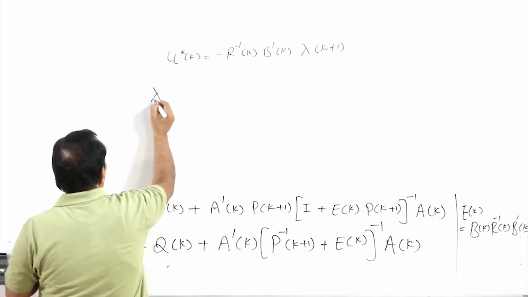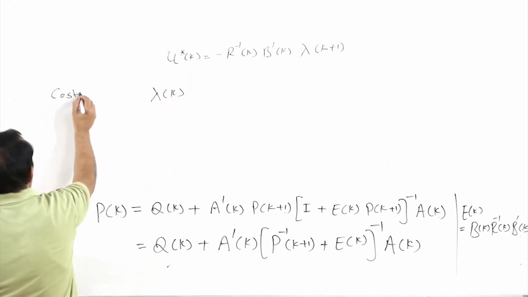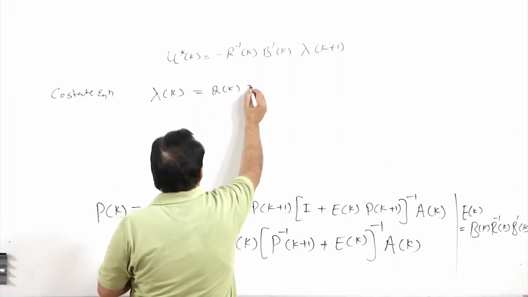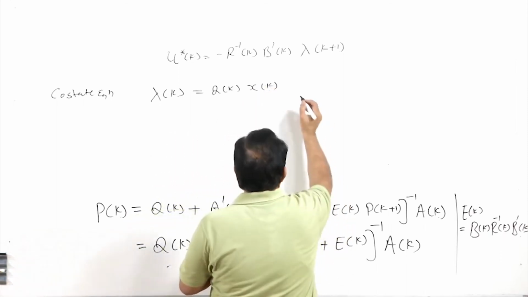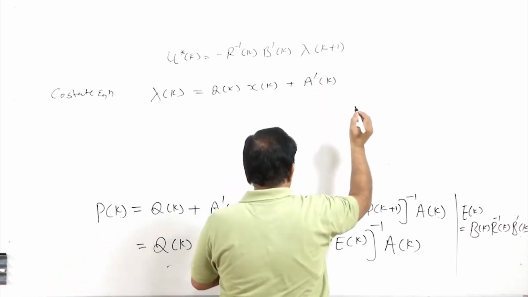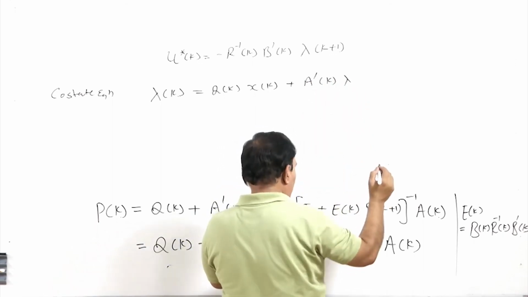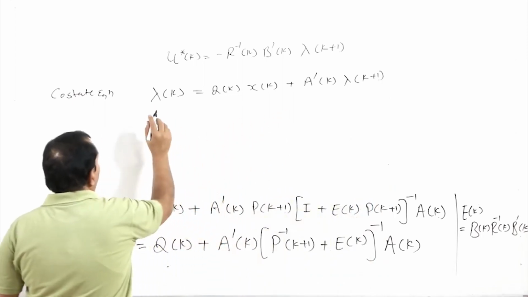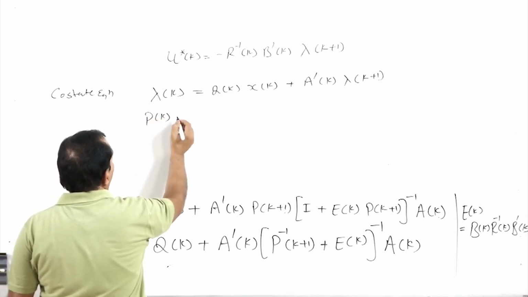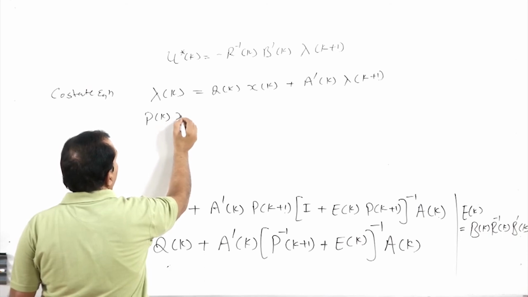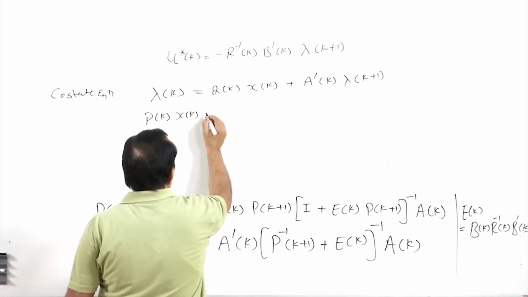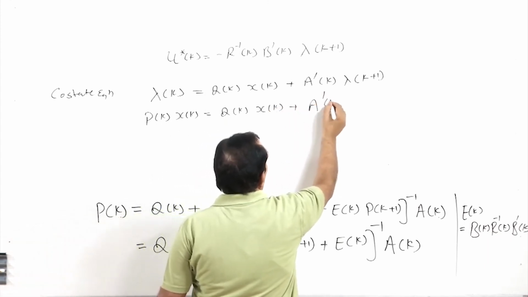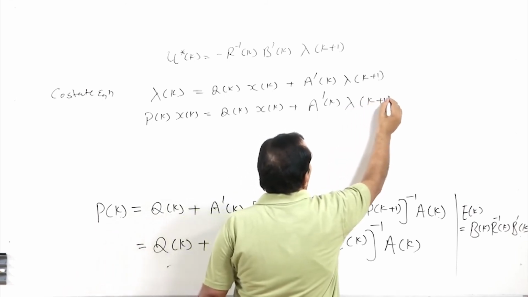See, we know my co-state equation is lambda k is qk xk plus A transpose k lambda k plus 1, and if I replace lambda k as pk xk, this is qk xk plus A transpose k lambda k plus 1.